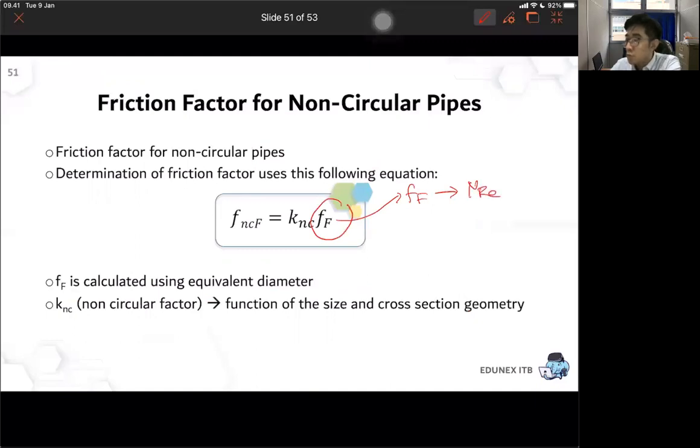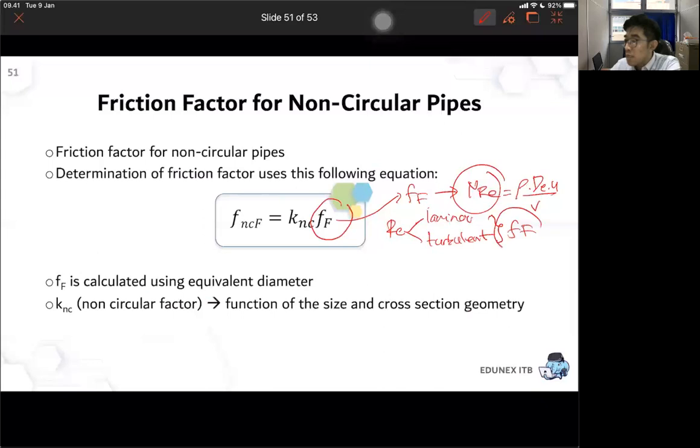So you calculate the Reynolds number, but by using the equivalent diameter, and then you decide first whether it's laminar or turbulent. Okay, then you can calculate FF.